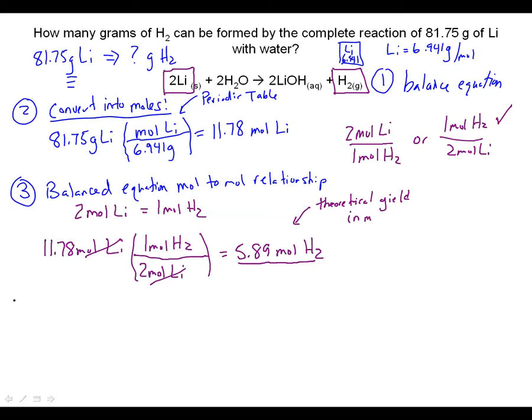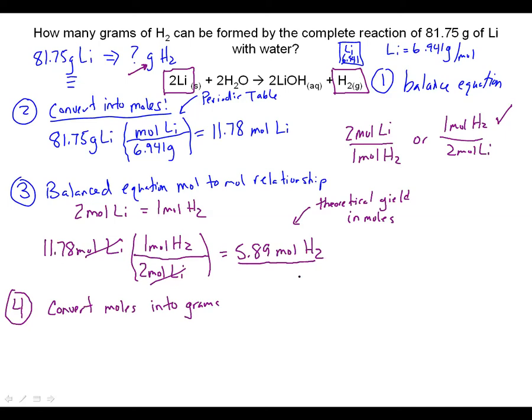But this problem is different than the previous one because we don't want to stop at moles this time. What we're looking for is grams. So in this problem, we do have to do step number 4, which is to convert our moles into grams.